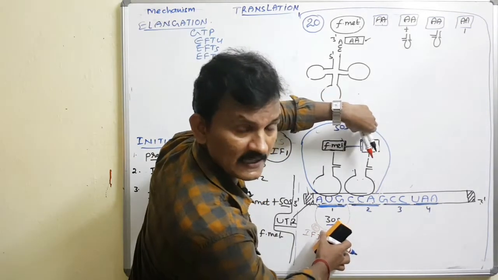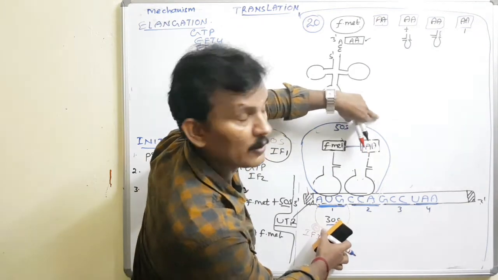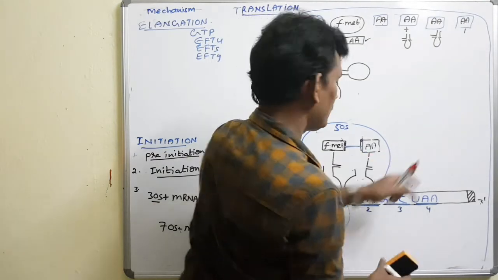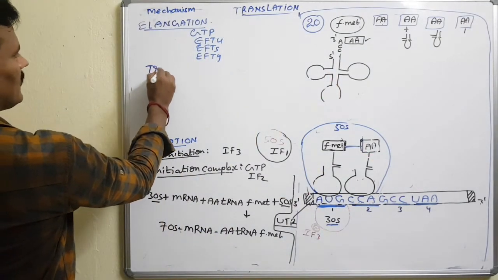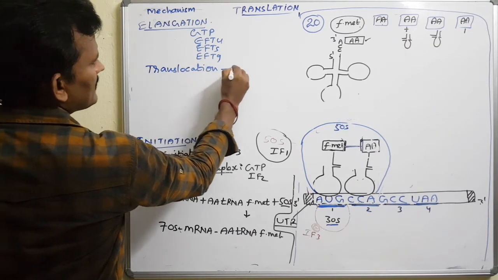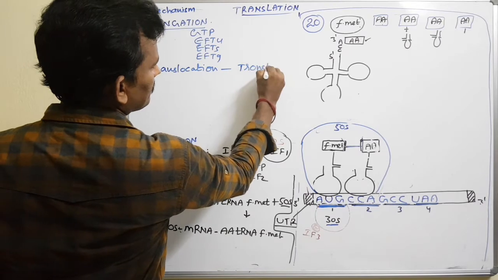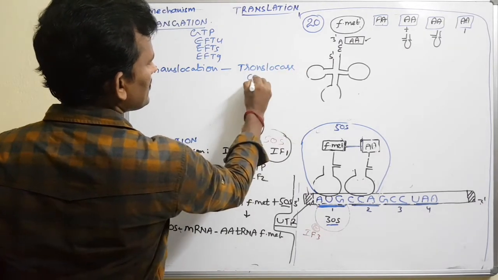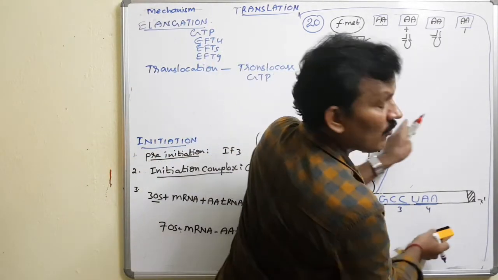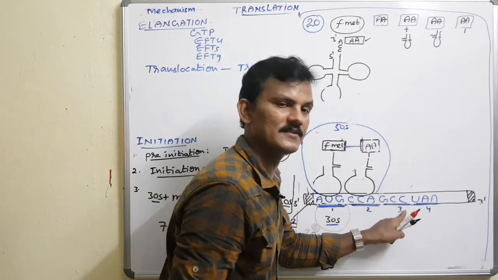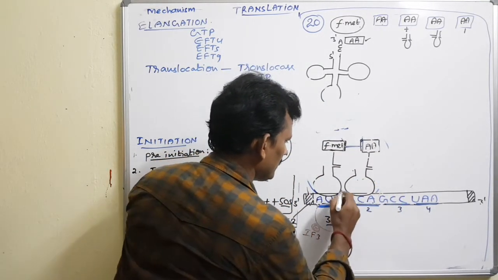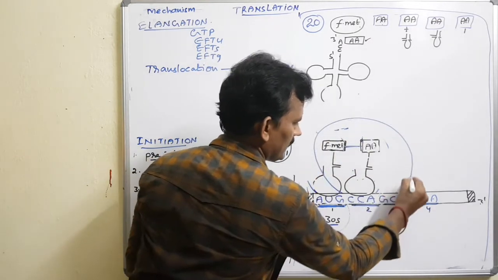For translocation, the translocase enzyme is needed, and GTP is also needed. Whenever both ribosomal units move over a distance of one codon, they move somewhat like this.